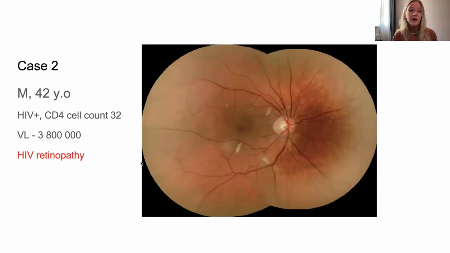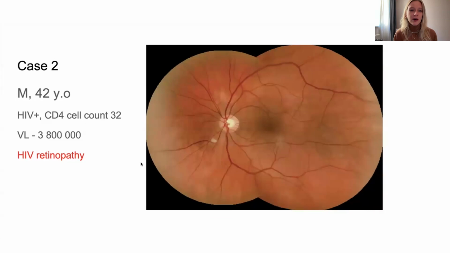He was diagnosed with HIV retinopathy, and this is a disease where wide field imaging also helps, because we can see these small white lesions, which are the cotton wool spots with the ischemic lesion and the microvasculopathy, located in the center, and we can see that the peripheral retina is free. There are no lesions there, so it's more characteristic, and it tells us that it's an HIV retinopathy in this patient.